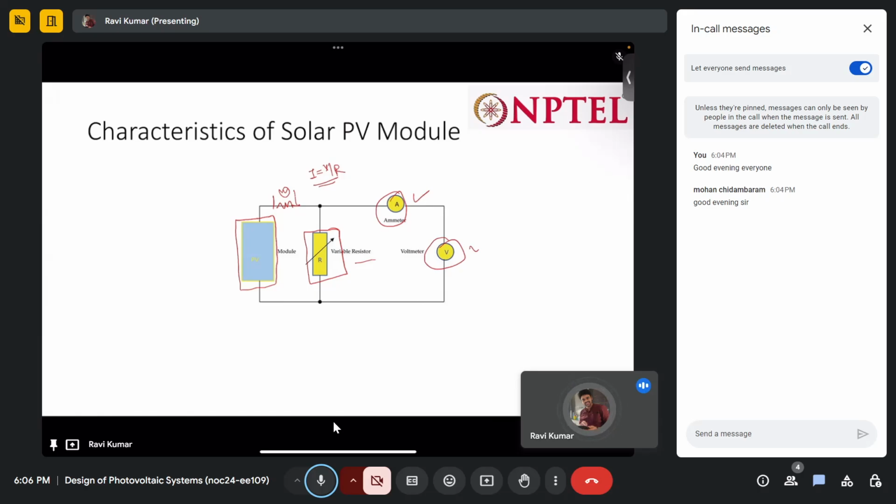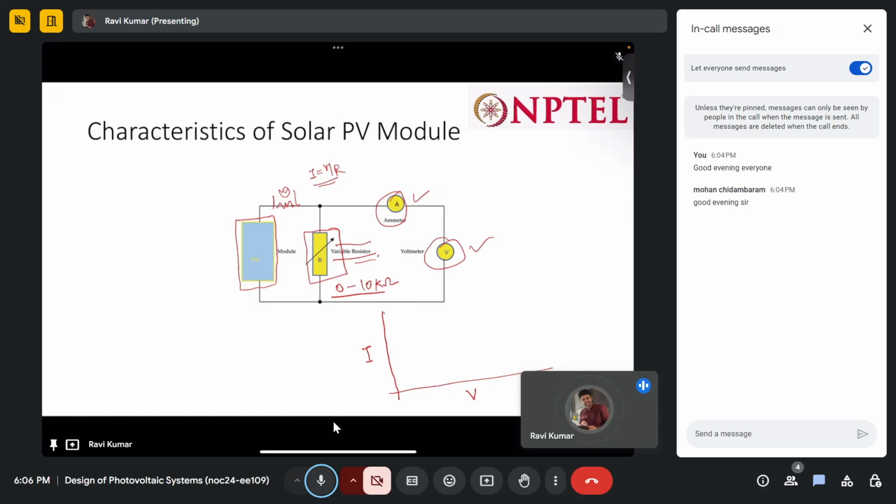Now what will you do? This is a rheostat, a variable resistor. You will change this and find different points and plot like this. It's V, it's I. Let's say you change it from 0 to some 10k ohm value.